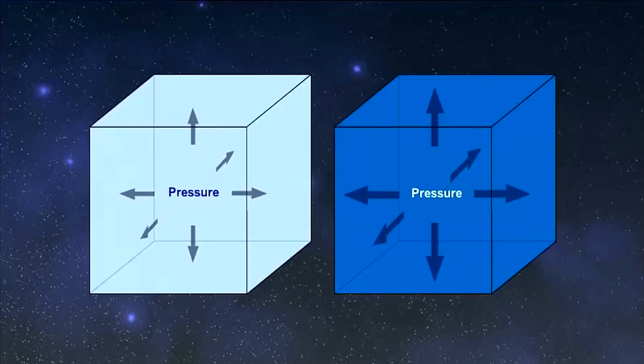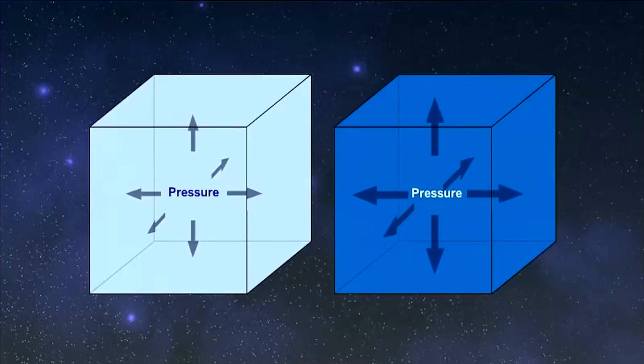Water vapor is the same, it is a gas. Therefore, it exerts its own pressure and this we refer to as the vapor pressure. In our diagram, the box on the left has a lower vapor pressure than the one on the right. Therefore, the pressure being exerted on the walls of the container by the water vapor is less.